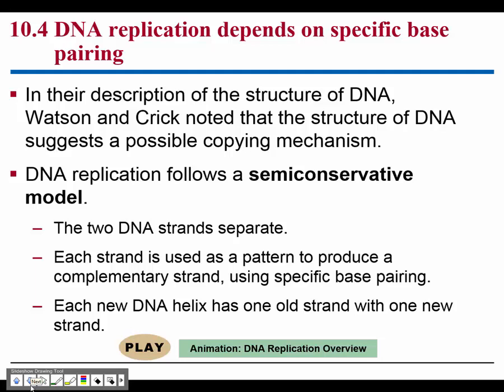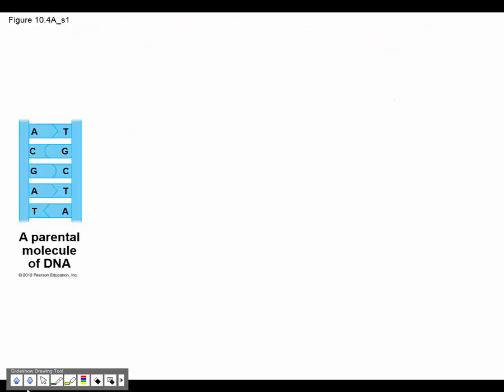And in fact, DNA replication is a semi-conservative model. So what happens, the 2 strands separate, and each strand is used as a pattern to produce another strand. And so each new DNA helix has 1 old strand and 1 new strand. So that's what it means by semi-conservative. You get 1 new, 1 old.